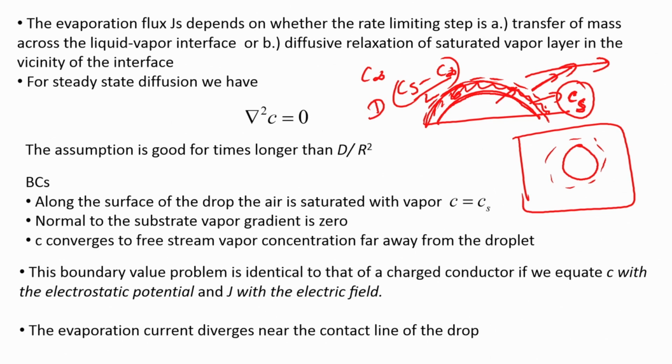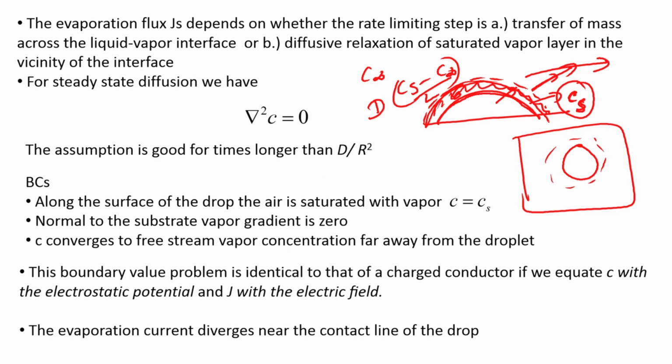Why does that happen? That is because the air outside is very humid, is already at full capacity of water vapor, it cannot absorb any more. So, it takes a very long time. That means there is no diffusive relaxation of the saturated vapor layer near your cloth.